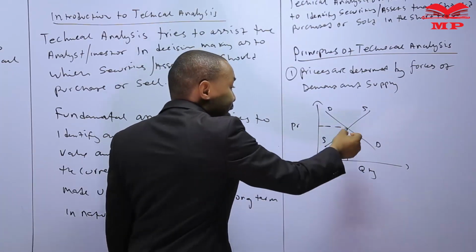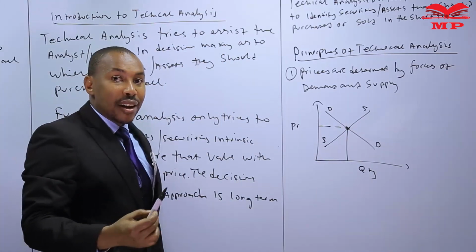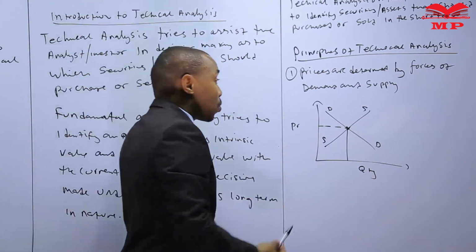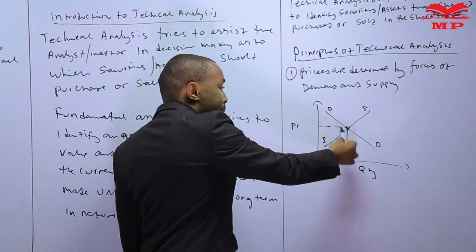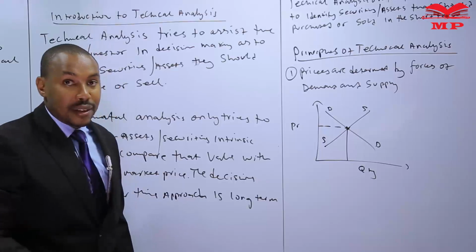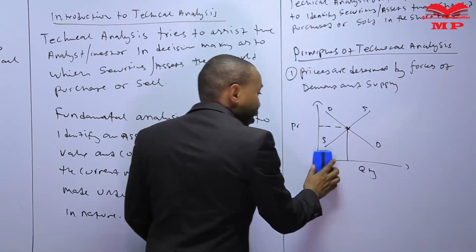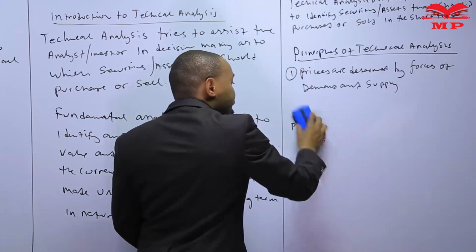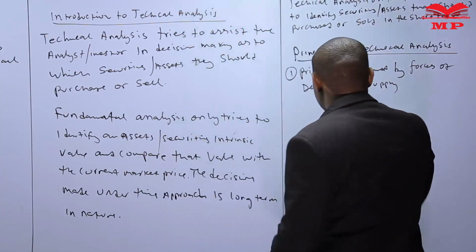And that is the equilibrium price. So we're saying that technical analysis is primarily driven by the forces of demand and supply. How many individuals are demanding the security or the asset versus how many individuals are supplying the asset to the market. So there must be something to do with an equilibrium price, the price that is acceptable to both the buyers and the sellers.